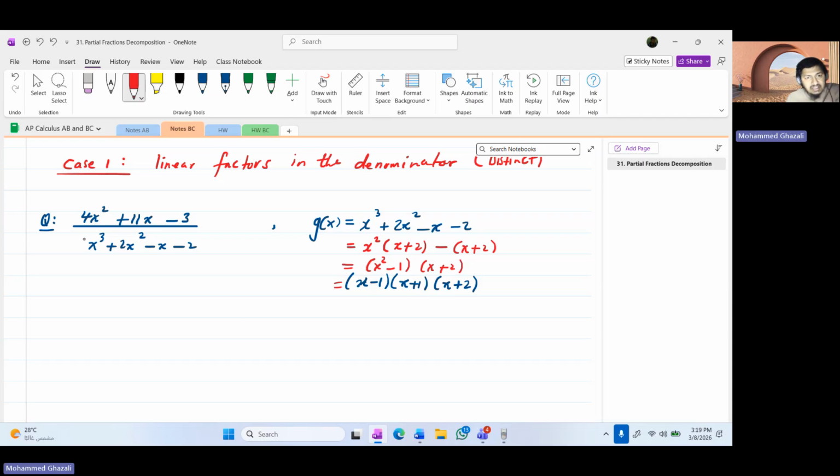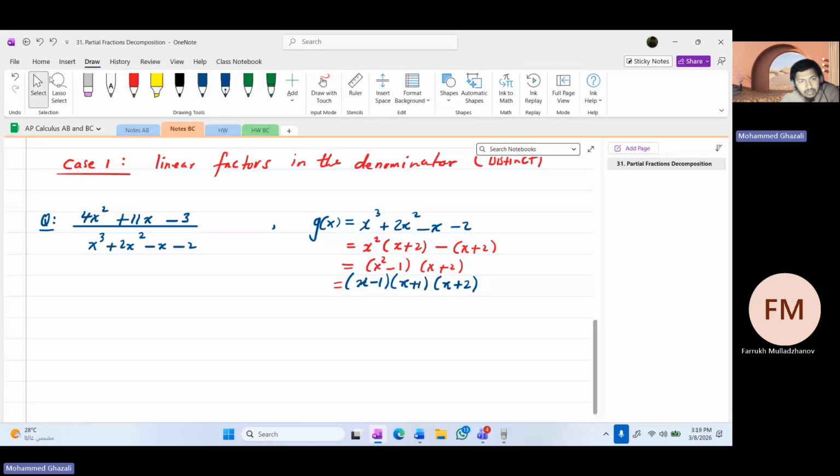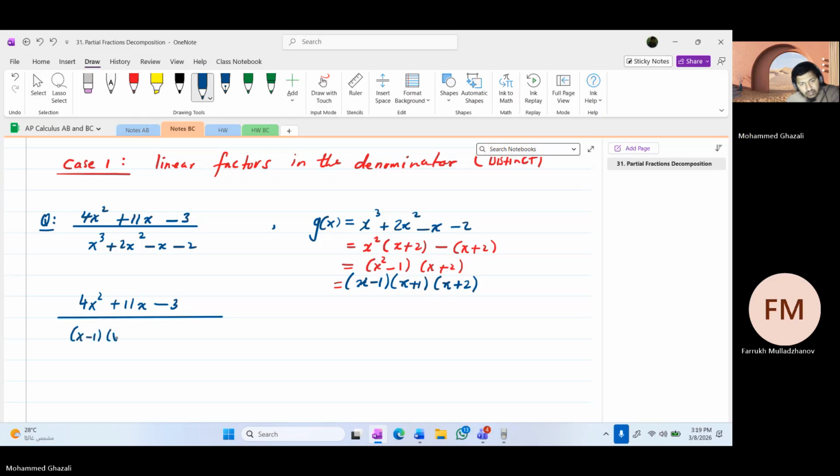So these are my factors. So now what we have here is basically equivalent to 4x squared plus 11x minus 3 divided by the three factors, which is x minus 1, x plus 1, and x plus 2.